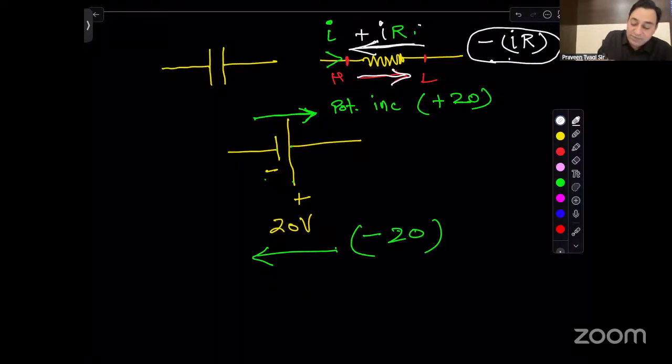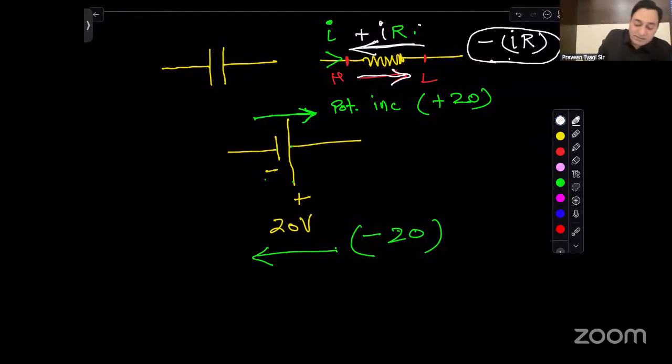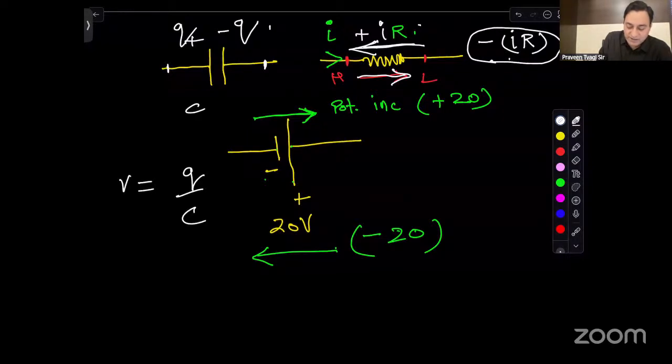Now, for a capacitor, how do you write it? Suppose this is plus Q on this plate and minus Q on this plate. For a capacitor with capacitance C, Q is equal to CV, so V will be equal to Q by C. If I'm going from point 1 to 2 in this direction, should I write plus Q by C or minus Q by C?